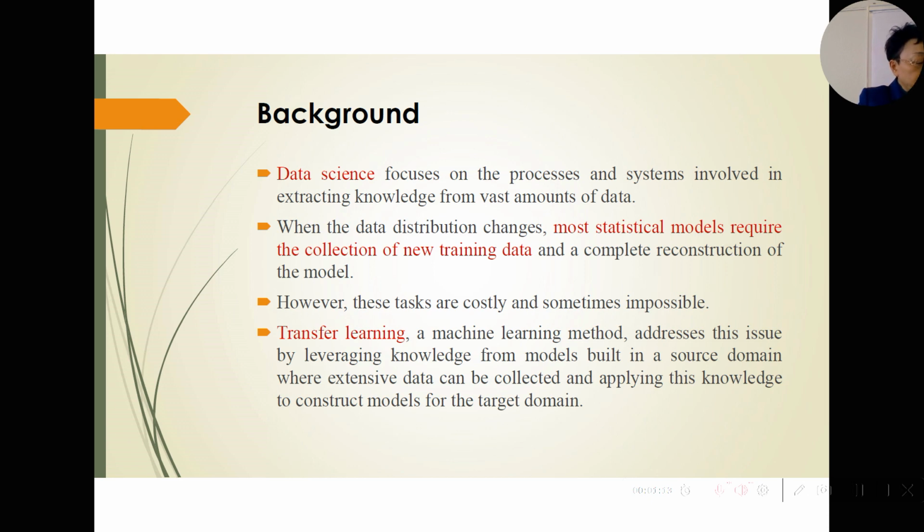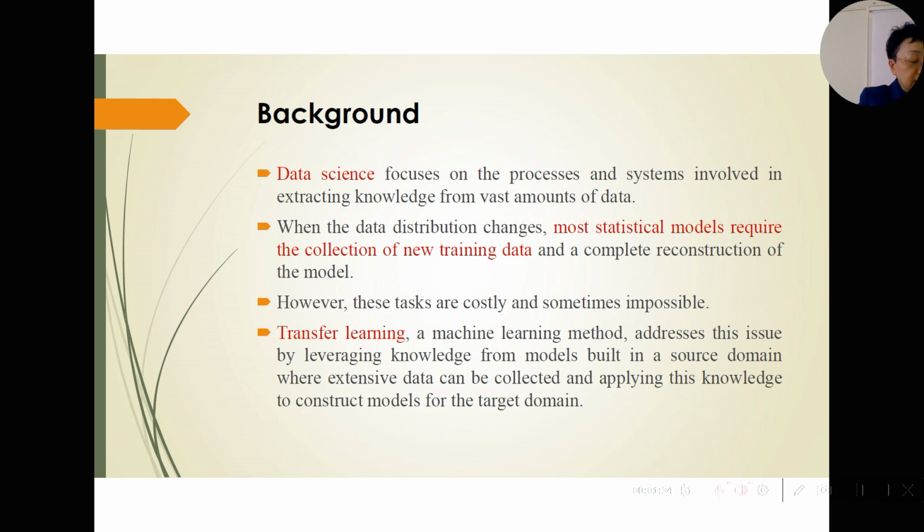When the data distribution changes, most statistical models require the collection of new training data and the complete reconstruction of the model. However, these tasks are costly and sometimes impossible.